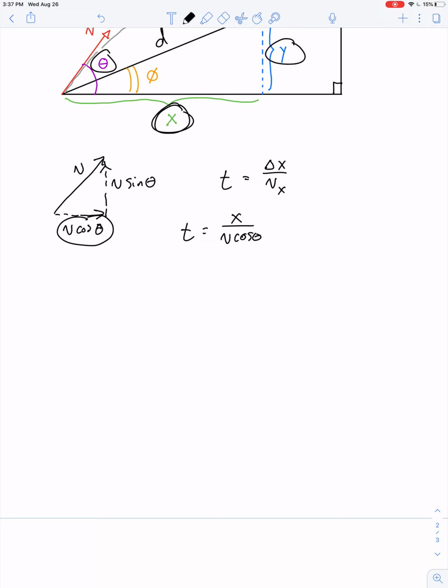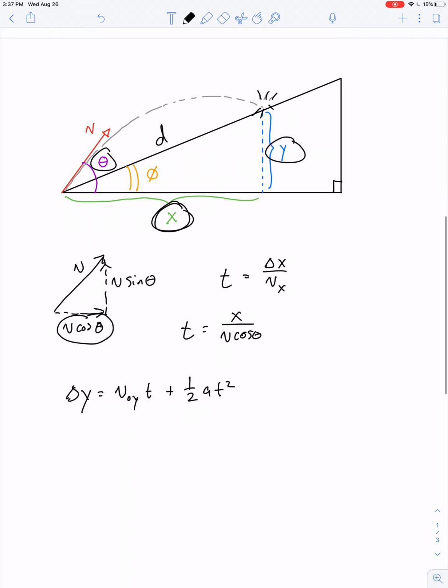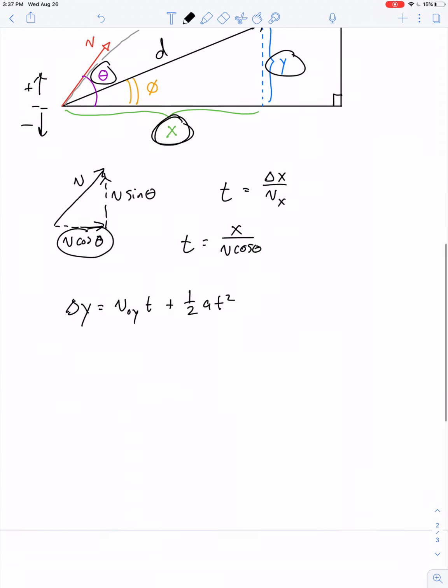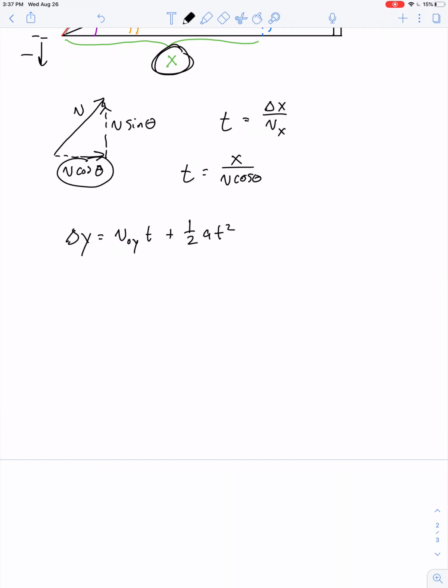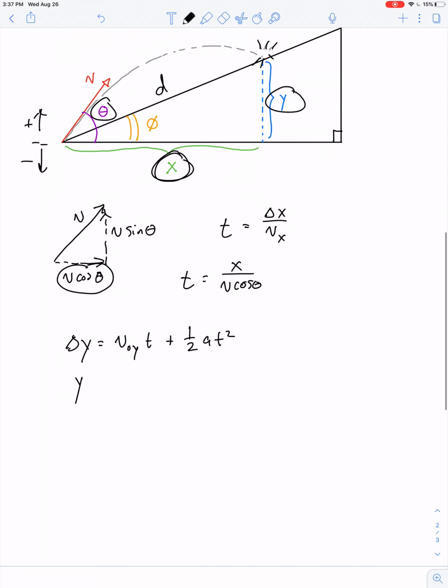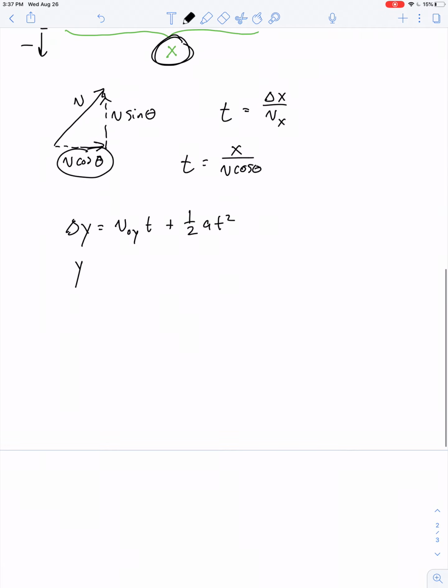Now, as far as the vertical motion is concerned, delta y equals v naught y t plus 1/2 a t squared. Now let's say up is positive, down is negative. Then delta y can be replaced with just y. That's what we're calling it here. And v initial in the y direction is v sine theta.